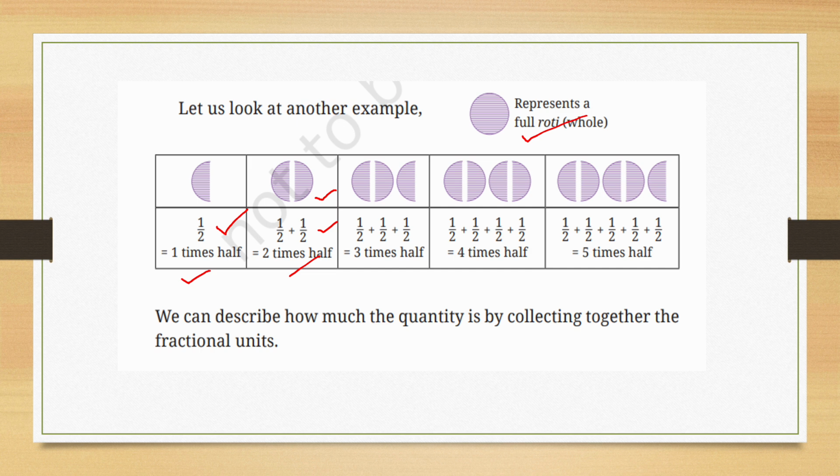Then half plus half plus half, that is 3 times half. The next figure, half plus half plus half plus half, that is 4 times half. The next figure, five halves added together, that is 5 times half. We can describe how much the quantity is by collecting together the fractional units.